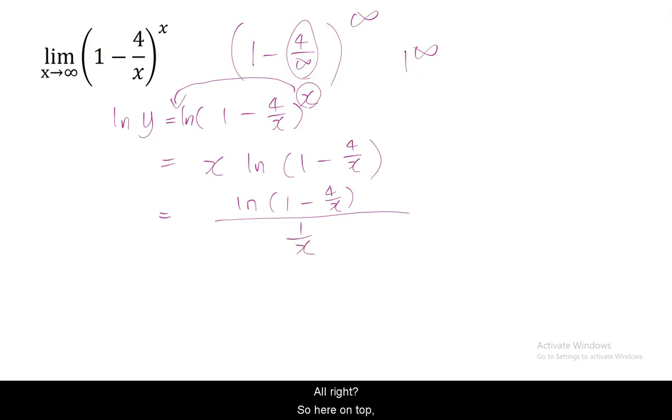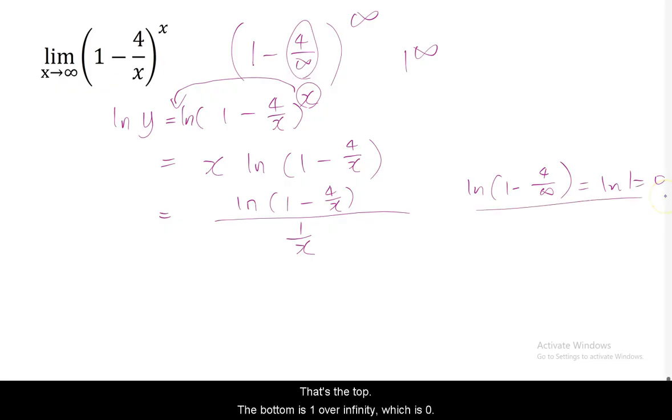So here on top, as x approaches infinity, you have ln of 1 minus 4 over infinity, which is ln of 1, right, which is 0. That's the top. The bottom is 1 over infinity, which is 0. So you have the case of 0 over 0, which is an indeterminate form.